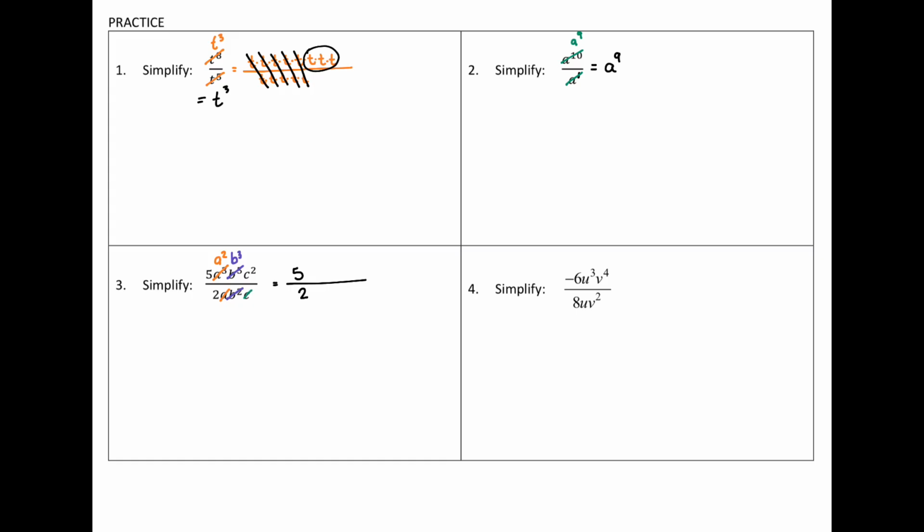The 1c on the bottom cancels with one of those 2 and leaves me with 1. And again, if you write the 1, it's not wrong. It's just not needed. Then I just rewrite over here what I have left. And there you go.